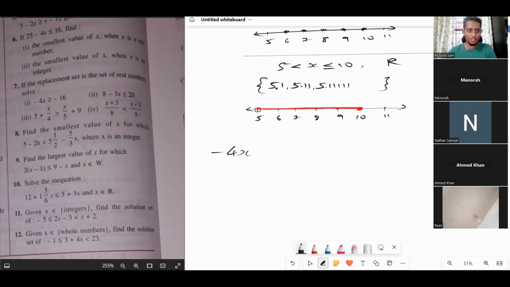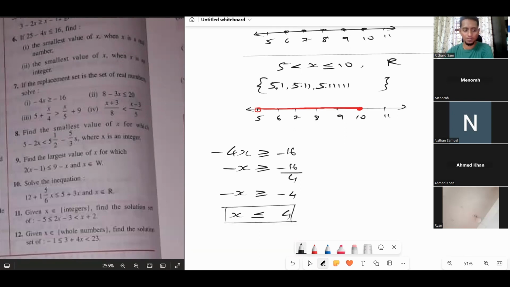Minus 4x greater than or equal to minus 16. So first you take the 4, leave the minus x here as it is. Greater than or equal to minus 16 upon 4. That's minus x greater than or equal to minus 4. Then take the minus to that side. So x is less than or equal to plus 4. Did you all get this? This is what you're supposed to get. If you made a mistake, you won't get this.